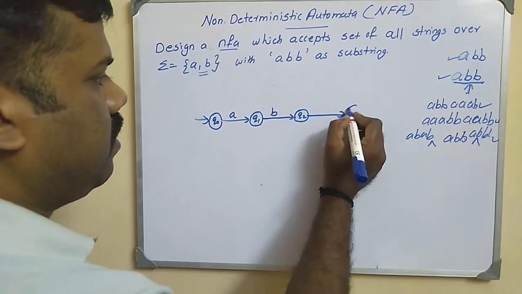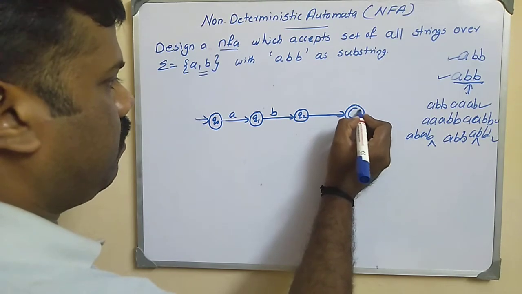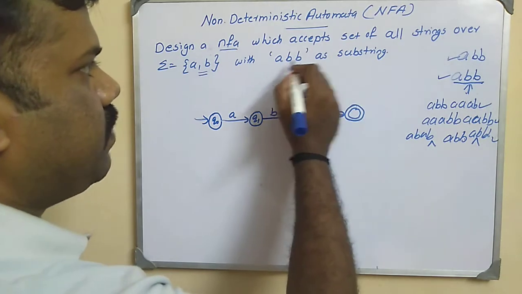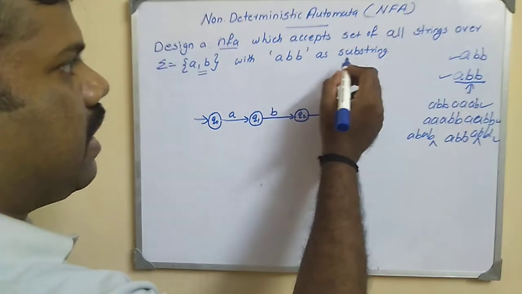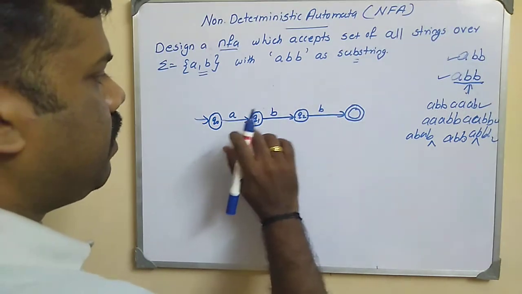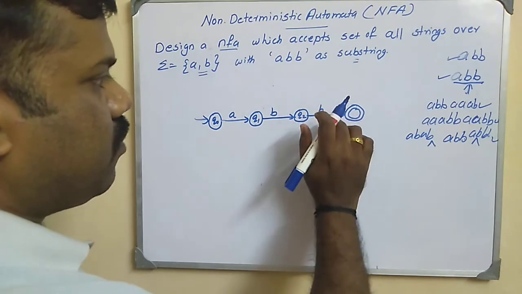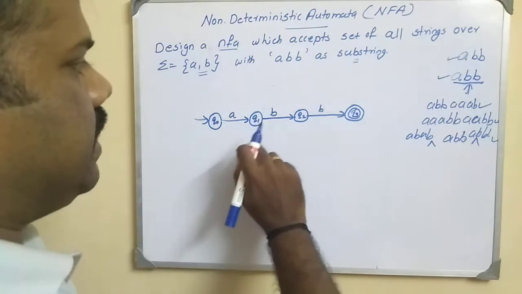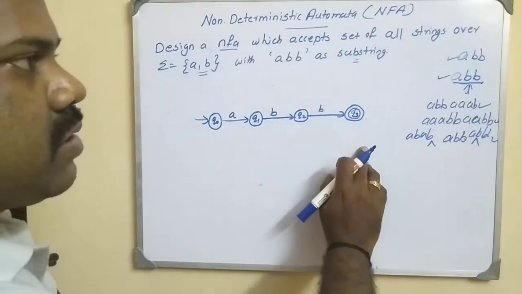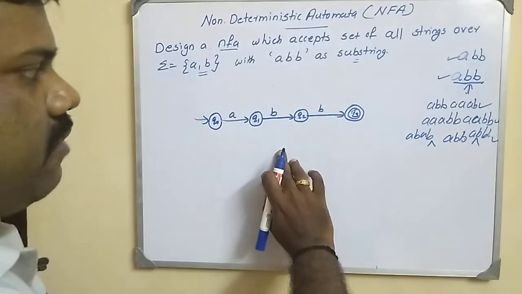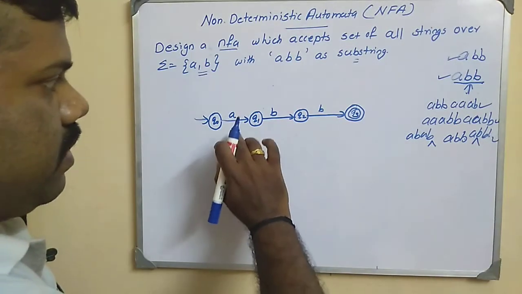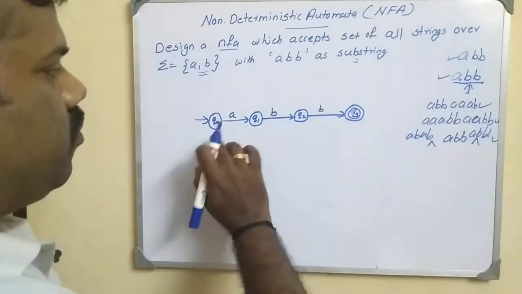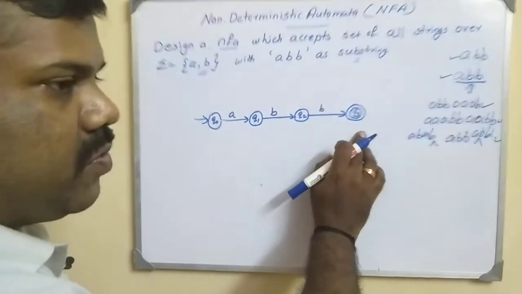Then if one more B occurs in the input string, that condition will be satisfied. ABB is already included in the string, so that will be the accepting state. We accept the least possible string ABB with the four states Q0, Q1, Q2 and Q3.